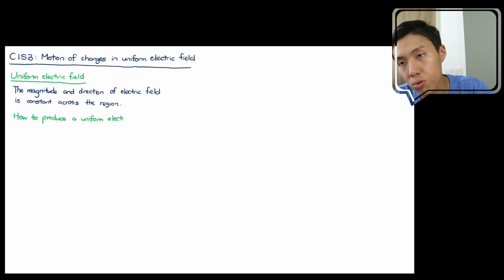To produce a uniform electric field, you actually need two requirements to be fulfilled. So I'm going to talk about these two requirements.